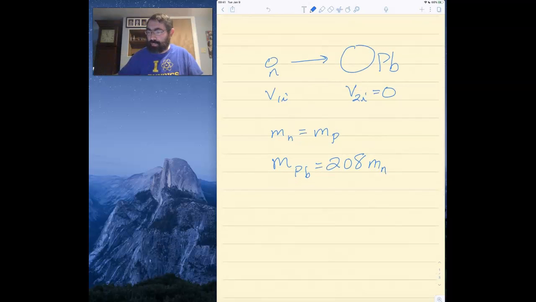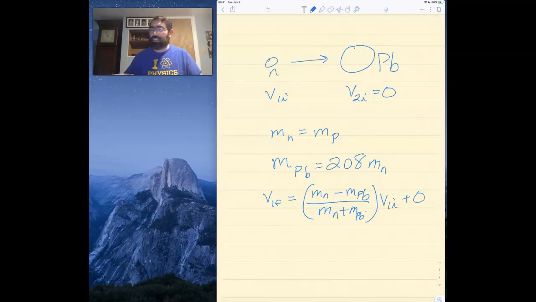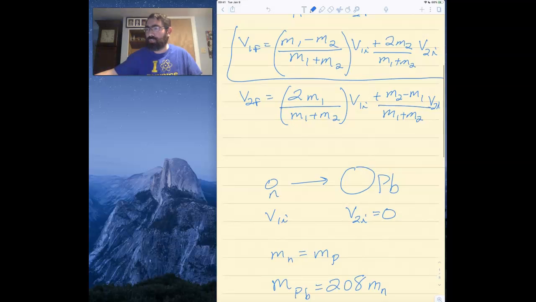If I plug that into our equation, the speed of the rebounding neutron is the mass of the neutron minus the mass of the lead, divided by the mass of the neutron plus the mass of the lead, times the initial speed plus 0, because the lead is at rest.